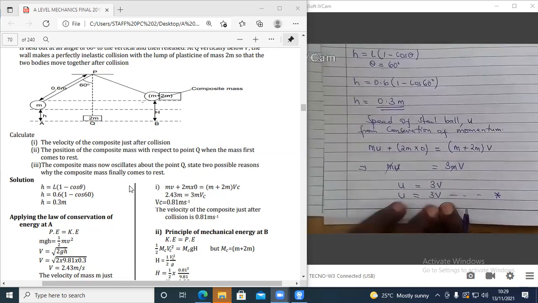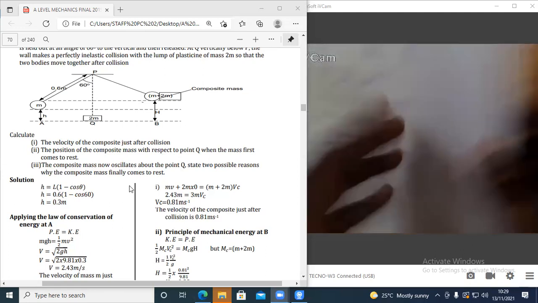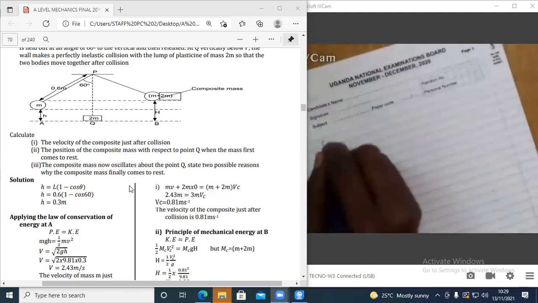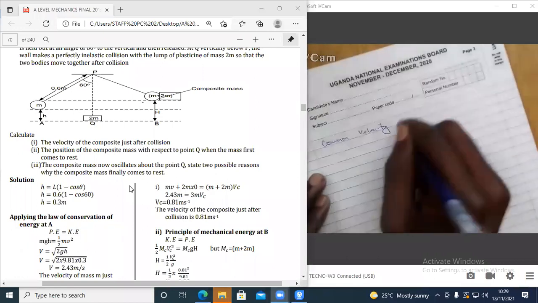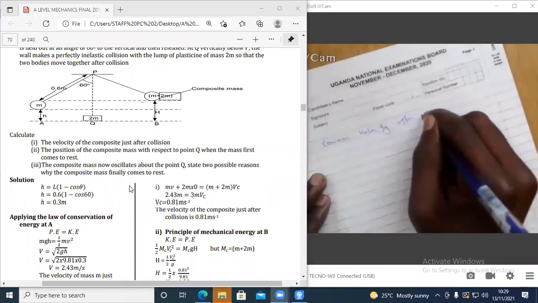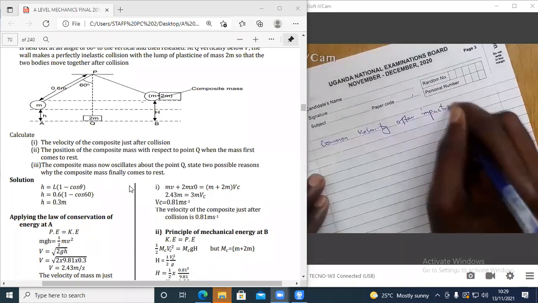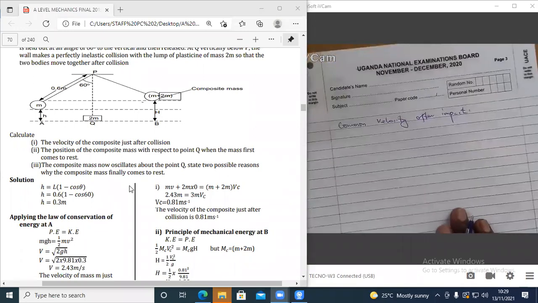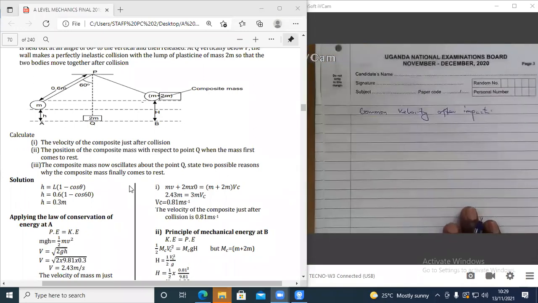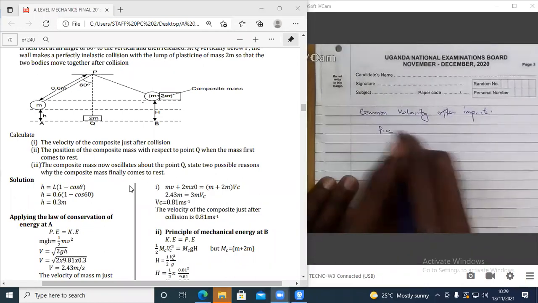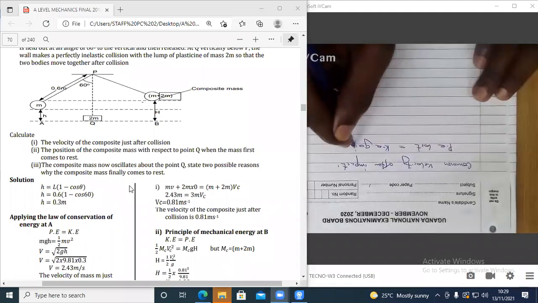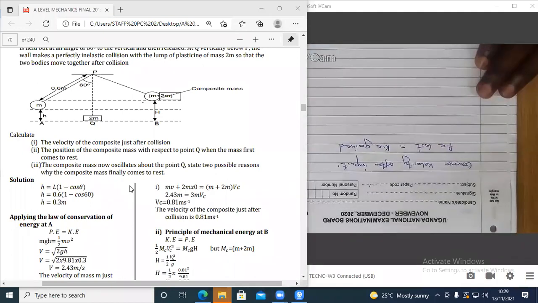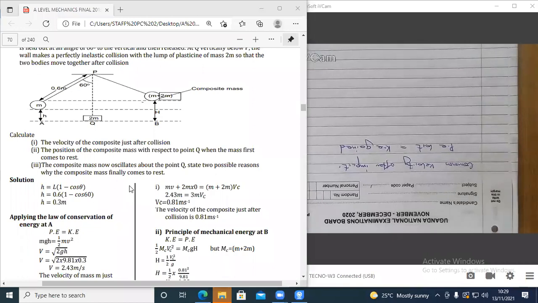But how do we find v now, the common velocity after impact? We use the principle of conservation of mechanical energy. Mechanical energy will be conserved, which means potential energy lost is equal to kinetic energy gained.